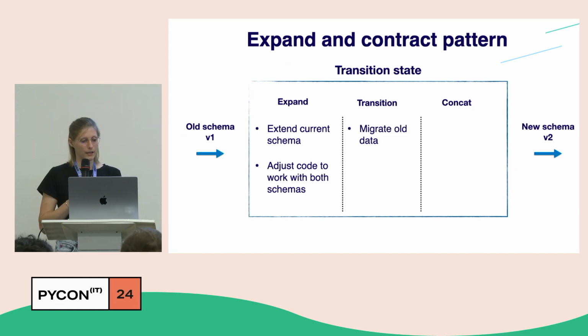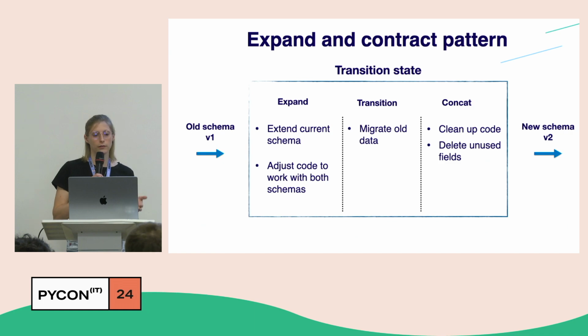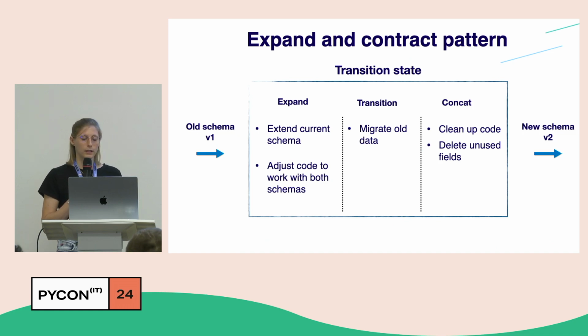Then in the transition phase, we need to migrate the old data to ensure that we have data only in the new proper format. And finally, in the contract phase, after ensuring that the old structure is not used anywhere, we can clean up the code and delete unused fields. And as a result, we will get the expected state.